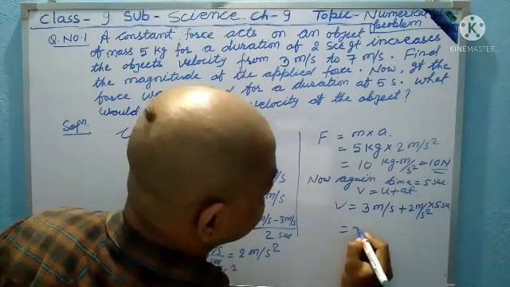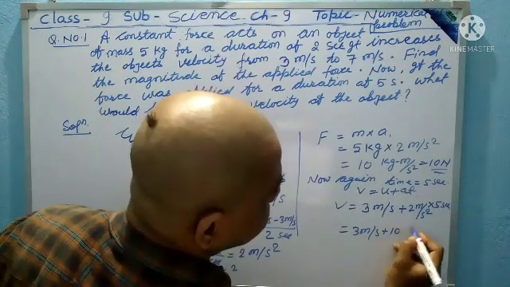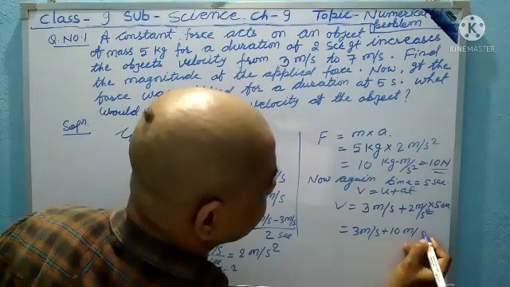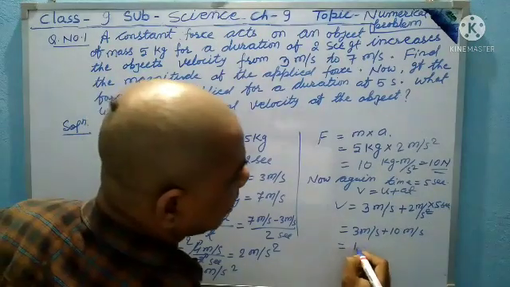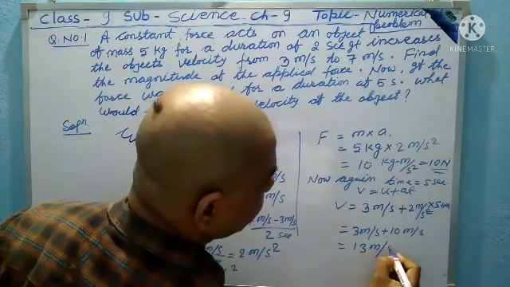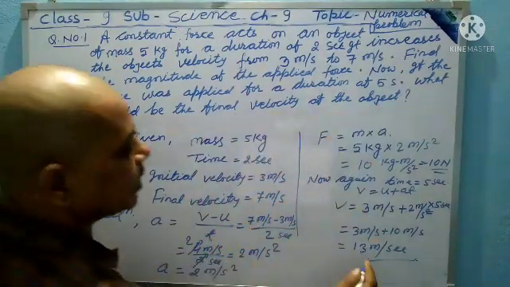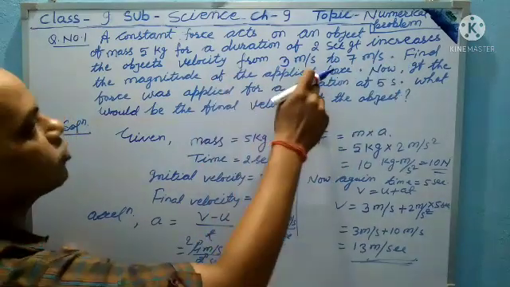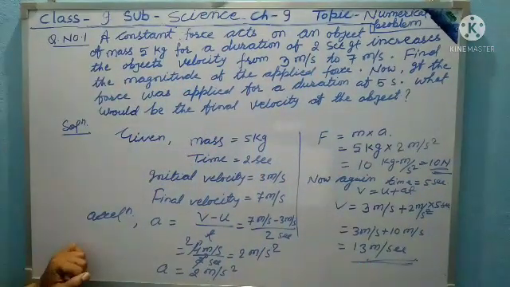So, that is 3 meter per second plus 10, and second square is cancelled, that is 10 meter per second. That is 13 meter per second. So, the final velocity of the object is 13 meter per second, and the magnitude of the applied force is 10 Newton.